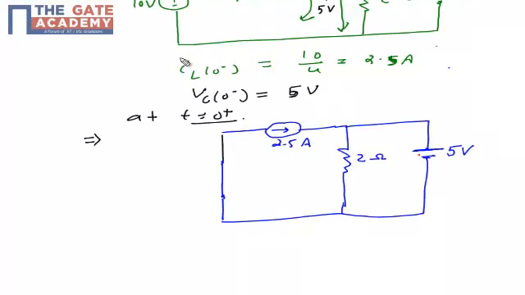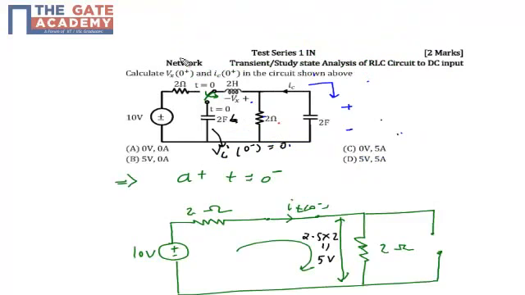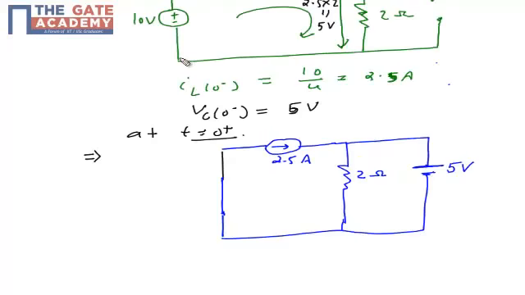So now the question says find out the voltage across the inductor and current across the capacitor. Now you can see that in the diagram this 2 ohm resistor is connected in parallel with a 5 volt battery.